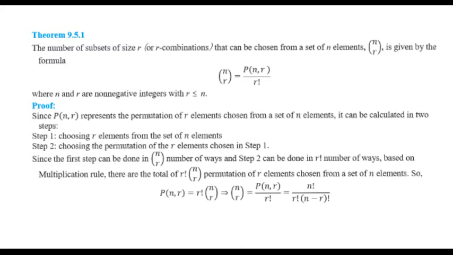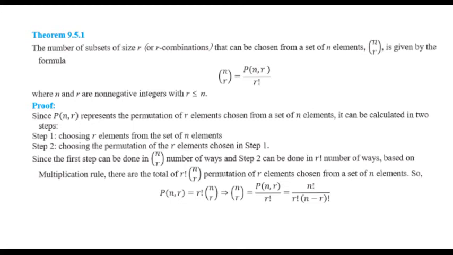You can also find this ratio for the value of n choose R, which is n factorial divided by R factorial times n minus R factorial, which we can prove is exactly equal to this one.